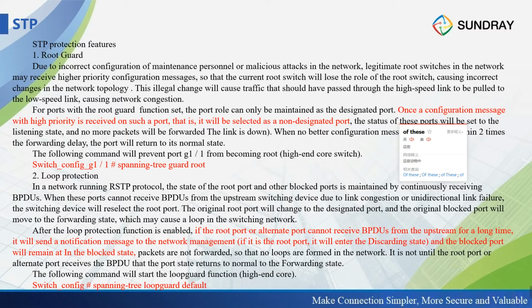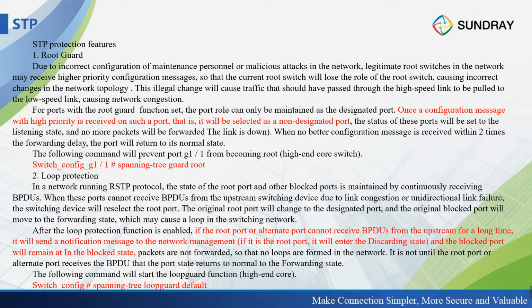Here I give an example. We have one network, with the core switch and the access switches. Now the user has a new switch. With this new switch, its MAC address is very small, so it has a lower bridge ID. So when you connect it to this network, according to the Spanning Tree Protocol, this new access switch will become the root.